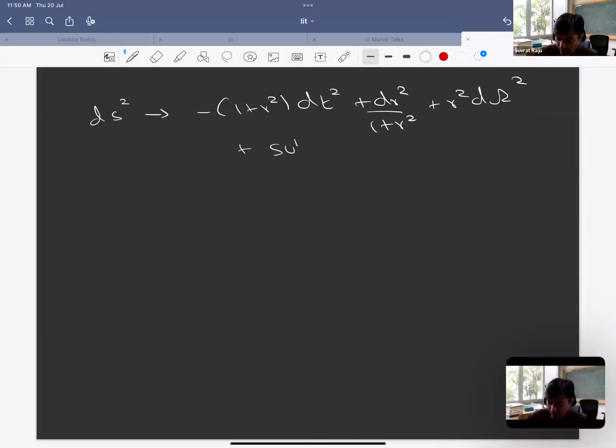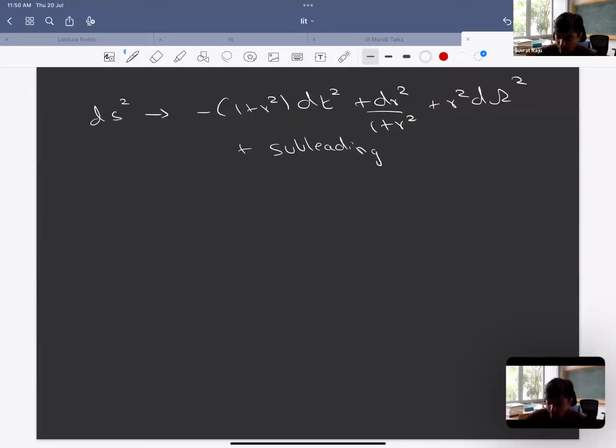And then it could have other subleading terms. But what this part means is that we are insisting that the asymptotics is held fixed. And that's really important. It's really important that we insist that the asymptotics is held fixed.